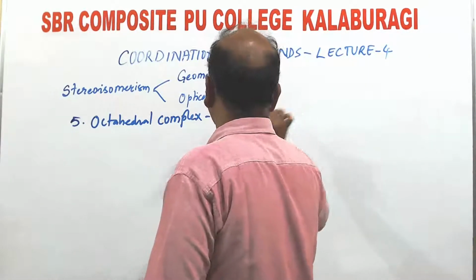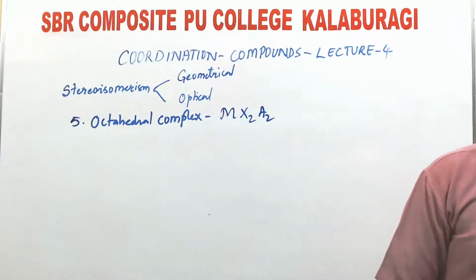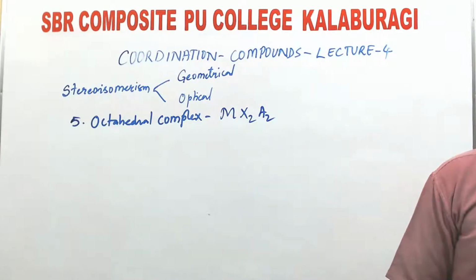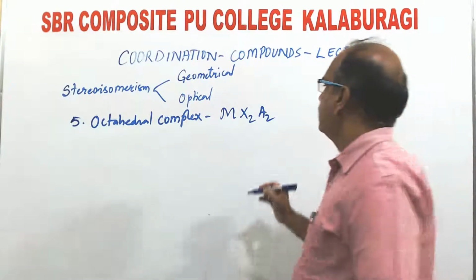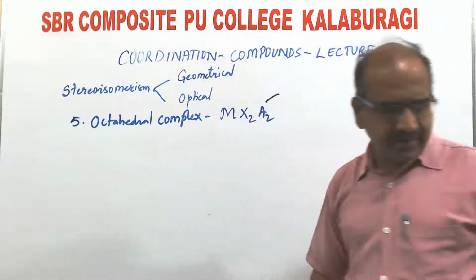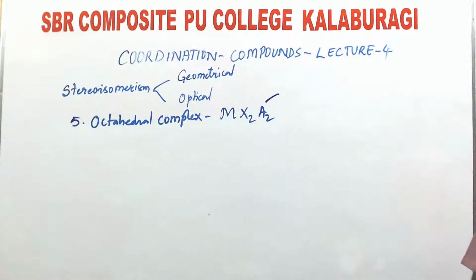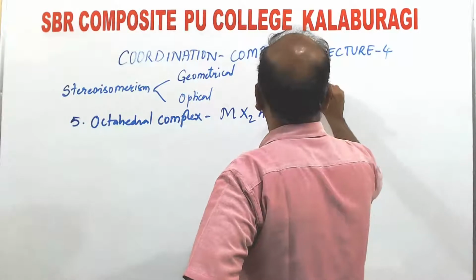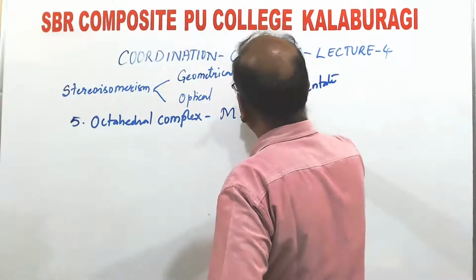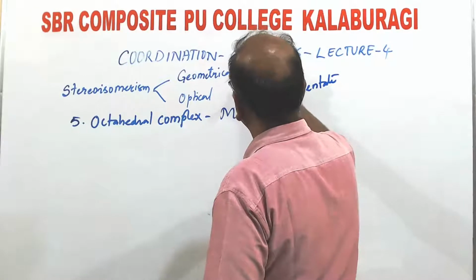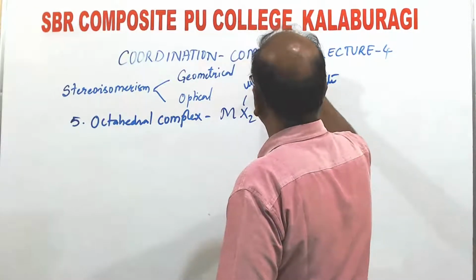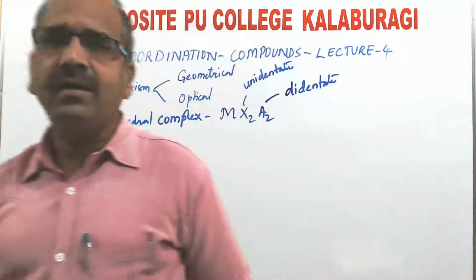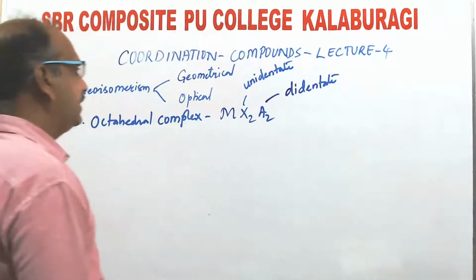Here in the MX2A2, A is going to be didentate, and X is unidentate.